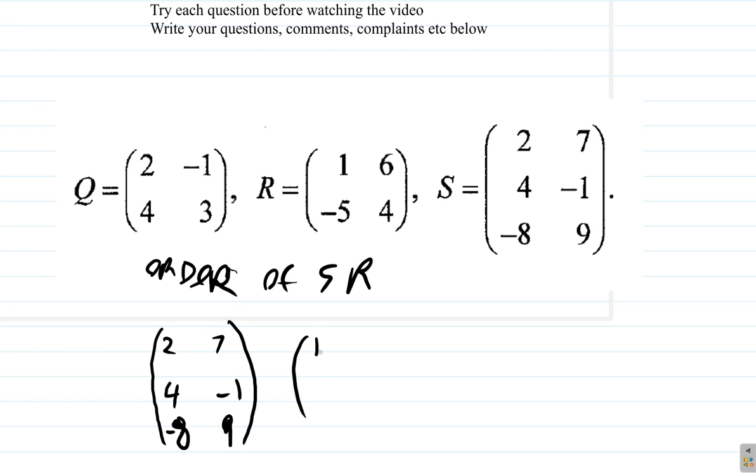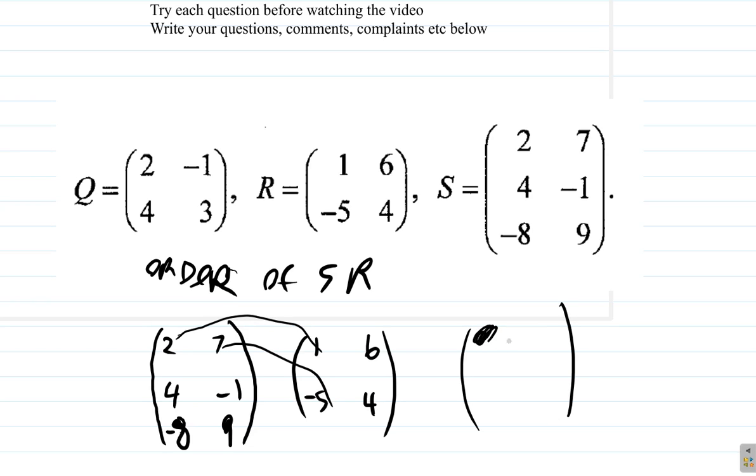So once you state it, you show that you know it. But here, if you multiply them, this by this plus this by this, you get an answer here. Then 2 by 6 and 7 by 4, you get another answer here.